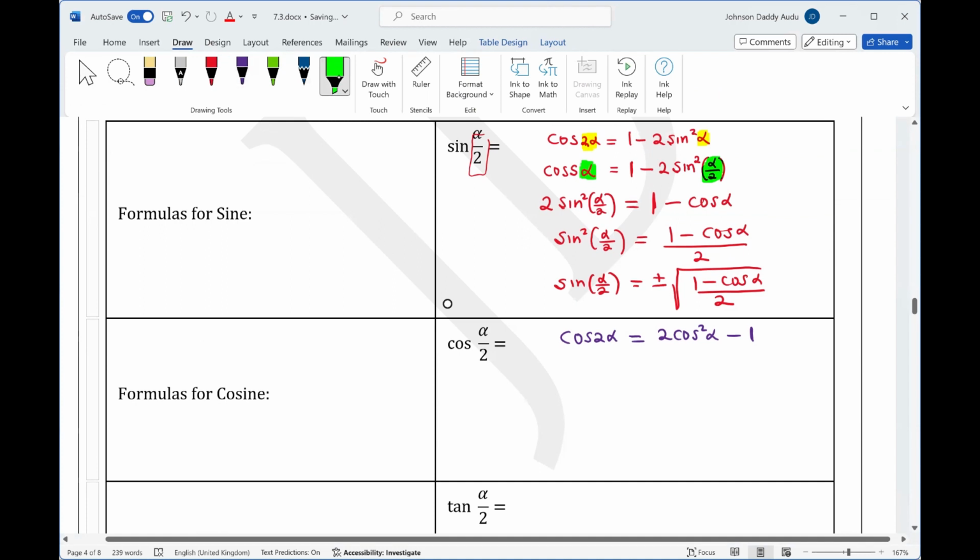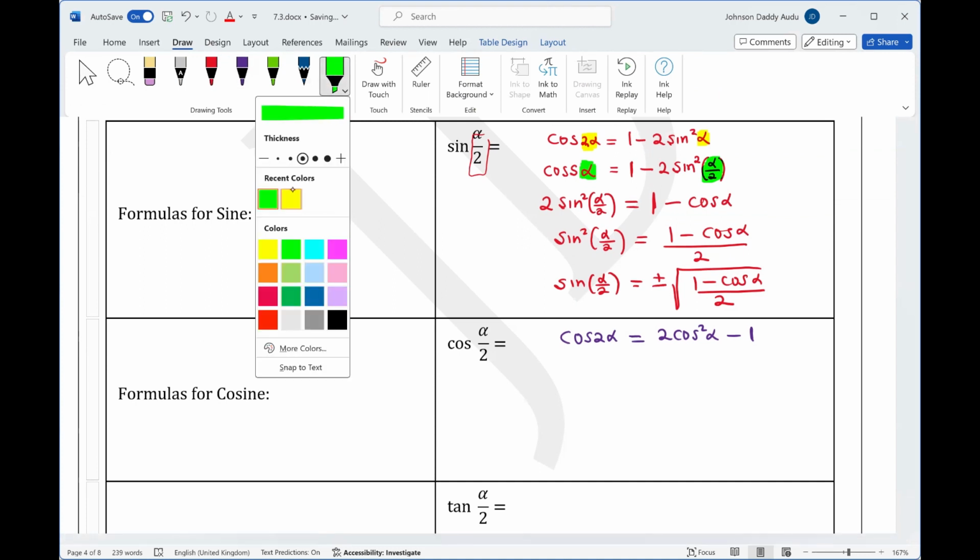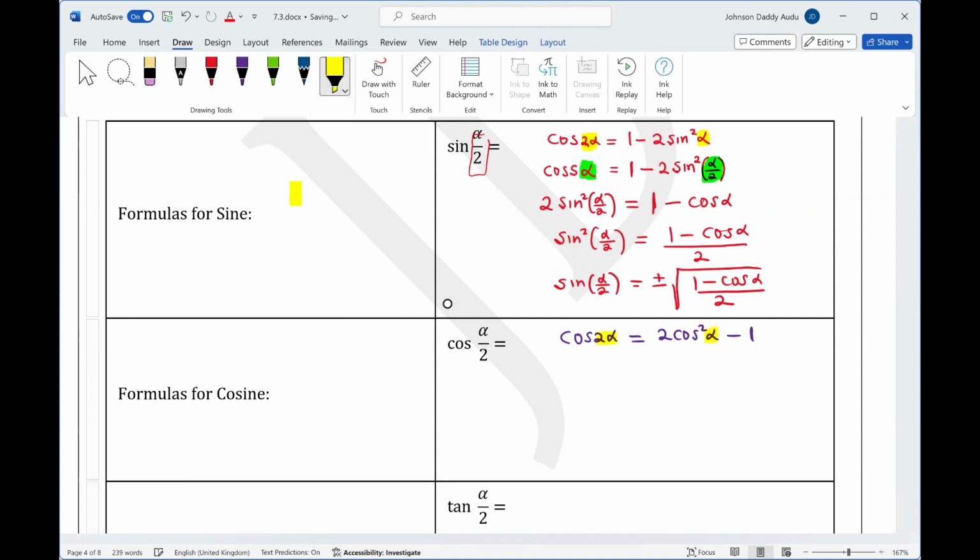Just like I said the other time, here we have alpha, here is 2 alpha. So now let's change it: here definitely will be alpha, and here is going to be cosine squared alpha over 2 minus 1.